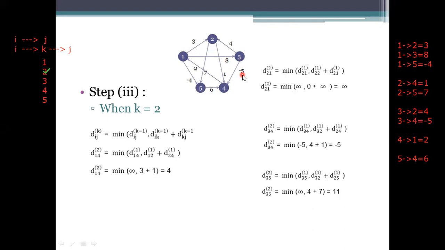So 3 1 means we need to calculate 3 to 2, 2 to 1. There lies a path from 3 to 2, but 2 to 1 there is no path here. So we need to discard this type of processing steps.